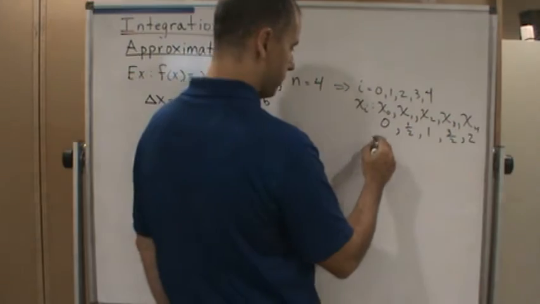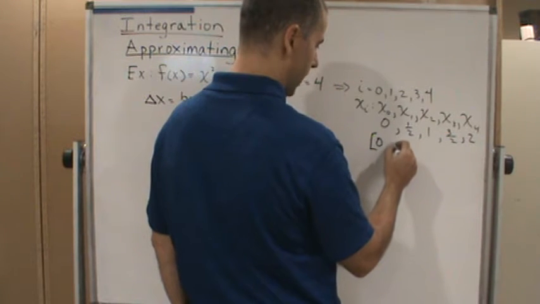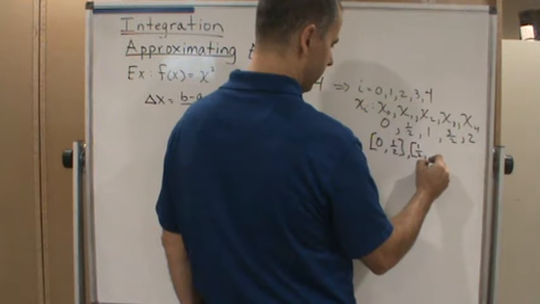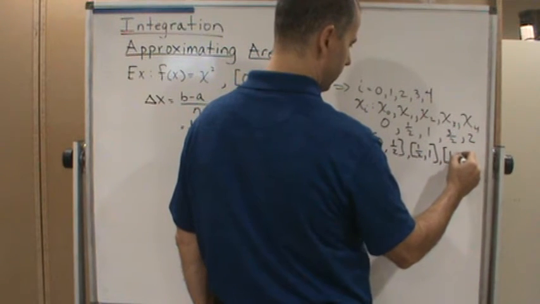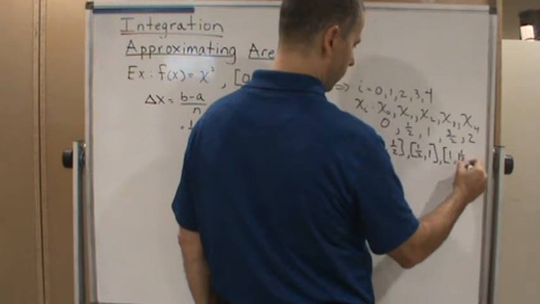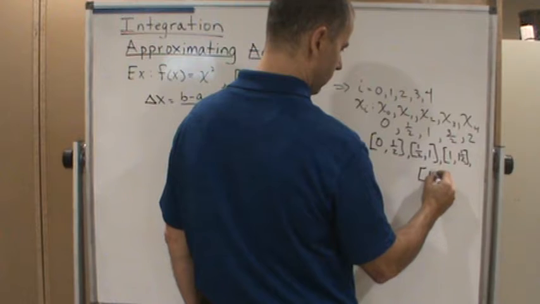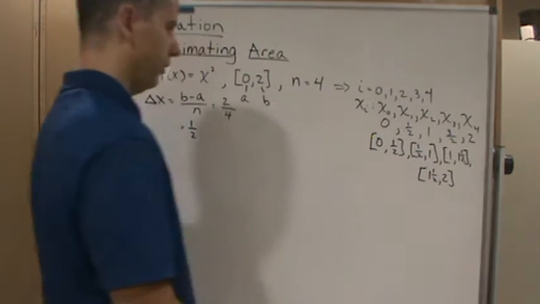My subintervals are going to be from 0 to 1/2, 1/2 to 1, 1 to 1.5, and then finally 1.5 to 2. Okay? So those are my subintervals.